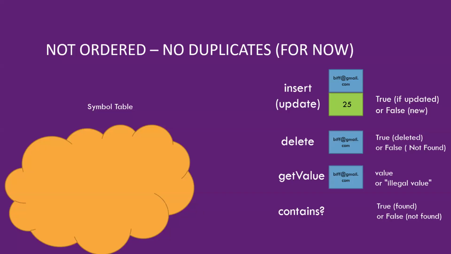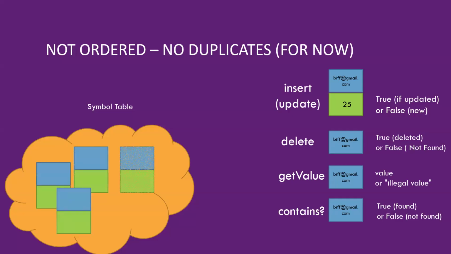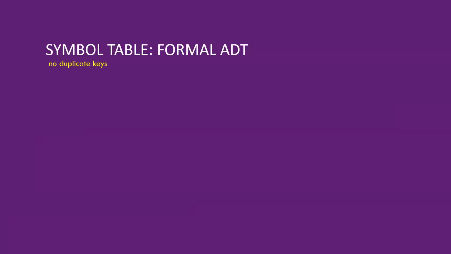Or if I provide the key and ask for the value, then what I get back is everything associated with that key, and it can do all sorts of other nominal checks about that key as well. Okay, so that's the general abstract data type idea there.